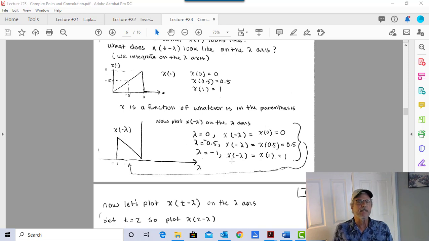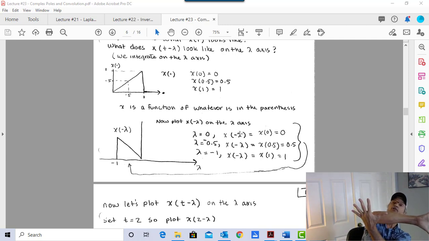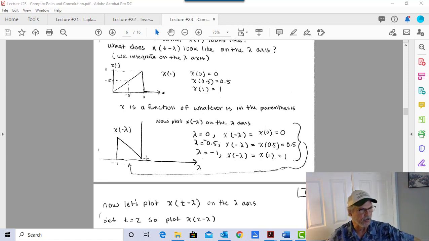So what we did by putting this negative lambda instead of lambda is we just switched it around. We moved it around to the other side. We reflected it. So that's how we handle the minus lambda.